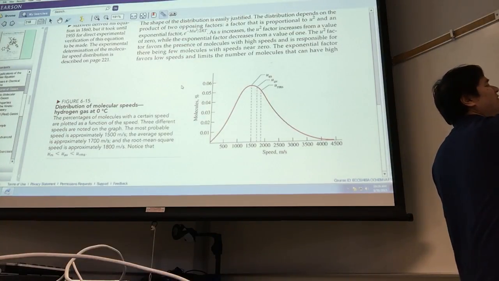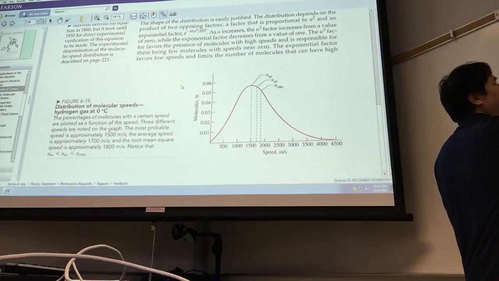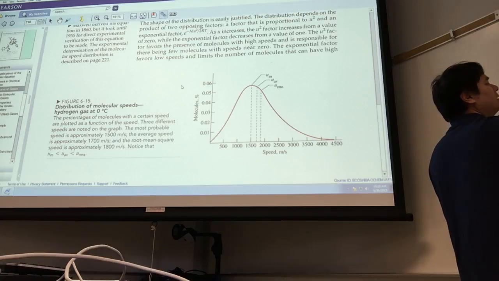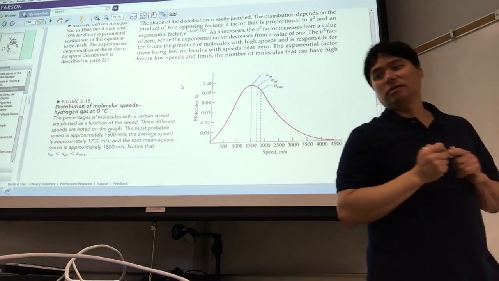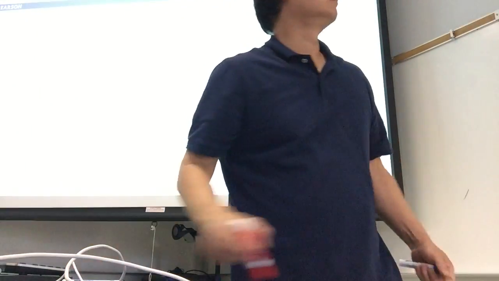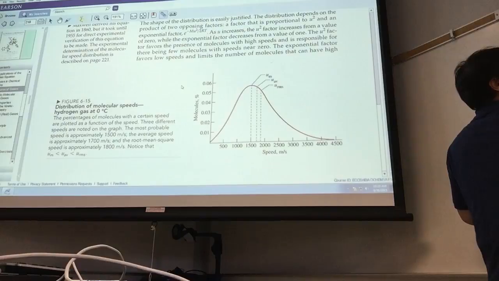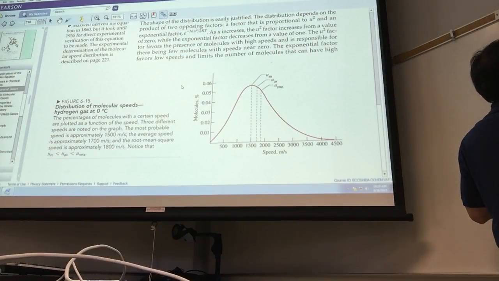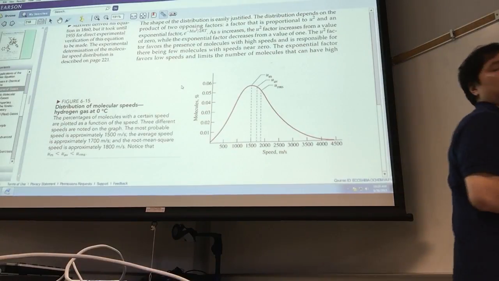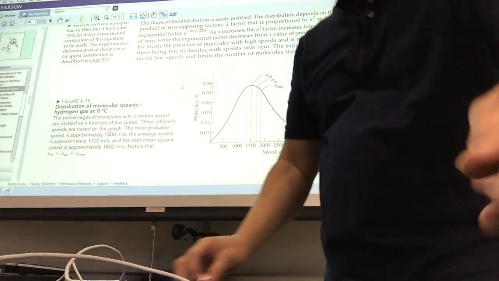Let's look at an example where we're going to have oxygen and water vapor in a container. So we have H2O gas, and we have oxygen in this mixture. We have O2 gas.